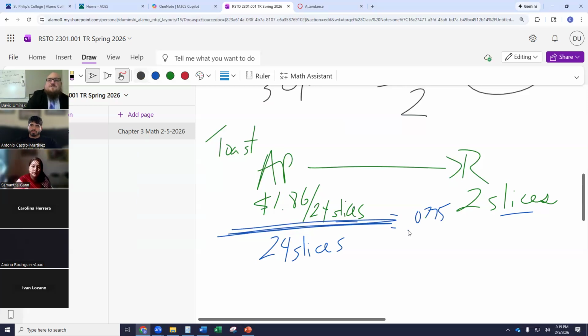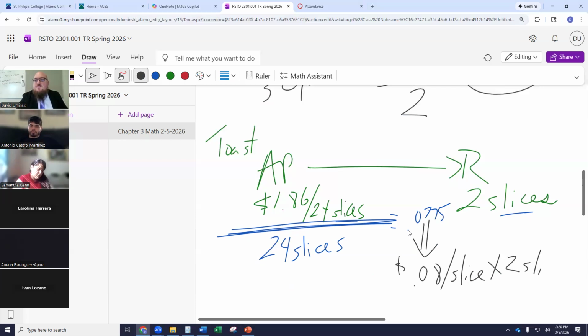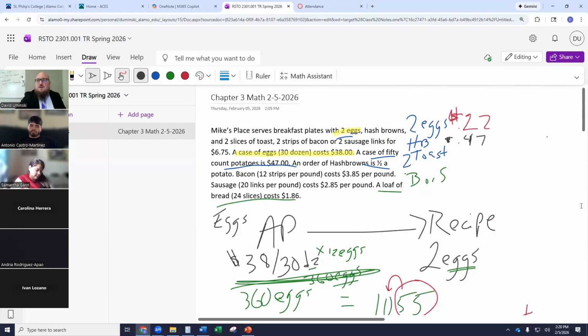You will often see me do this symbol with the lines and the arrow. That is a symbol meaning that I'm going to convert this number to 8 cents per slice. So when you see that symbol, it's just basically saying this number is moving to become this number. We multiply by 2 slices, which is our serving size, and we get what? 16 cents. Perfect.